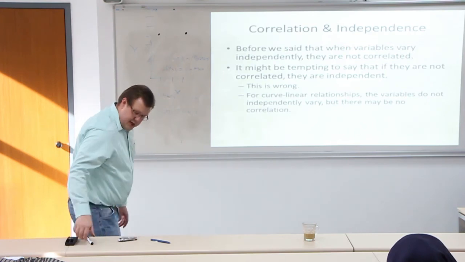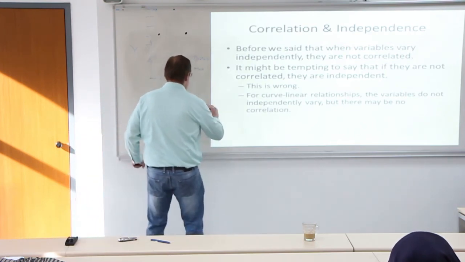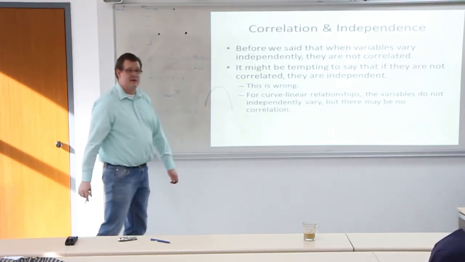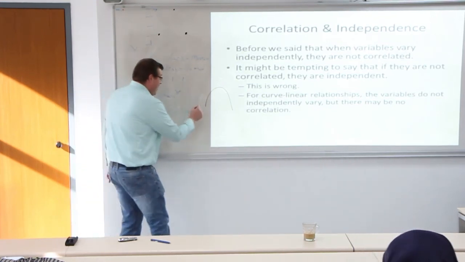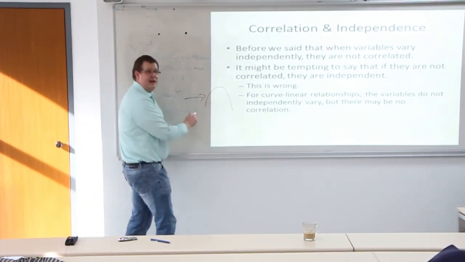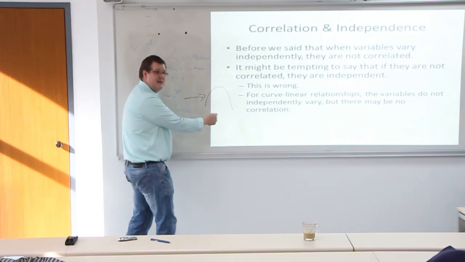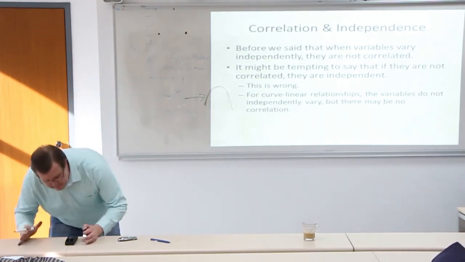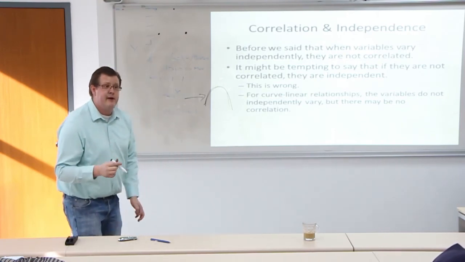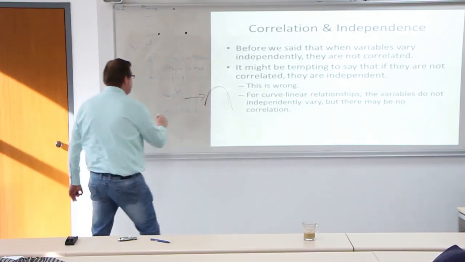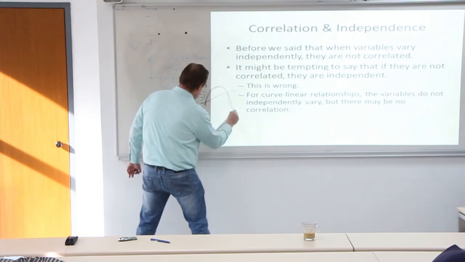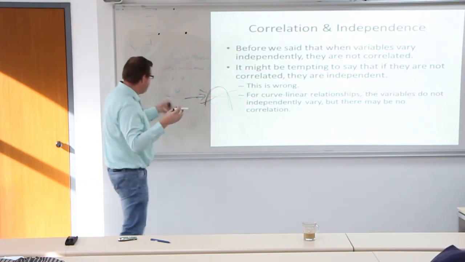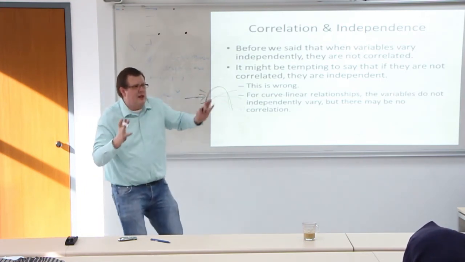For curved linear relationships, imagine we have something like this. There's no correlation, but they are not independent. Yeah, y absolutely depends on x. Here we have a perfect curved linear function. One thing completely depends on the other. However, if we try to fit a straight line to this, like which straight line goes best, there's no correlation.